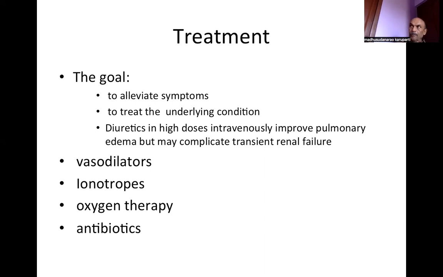When indicated, give vasodilators in order to reduce the preload. Inotropics in order to increase the peripheral systemic vascular resistance in the individuals with hypotension. Oxygen therapy is mandatory in order to correct the hypoxemia. Antibiotics are given to treat the presence of infection.